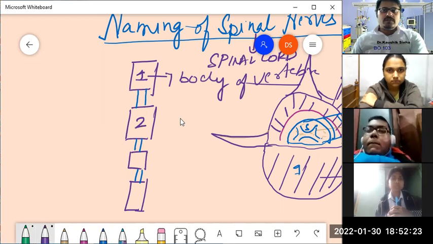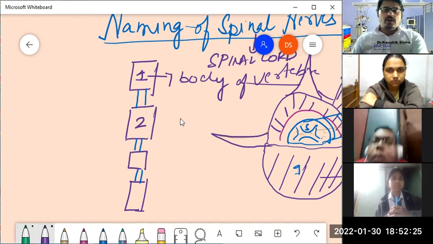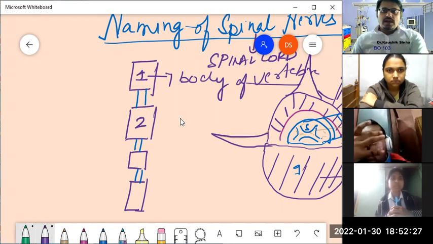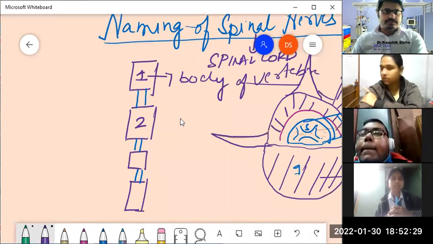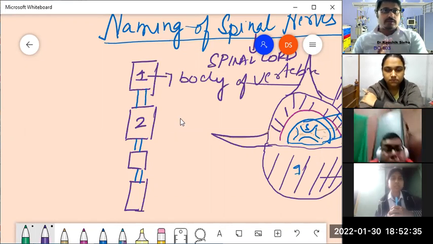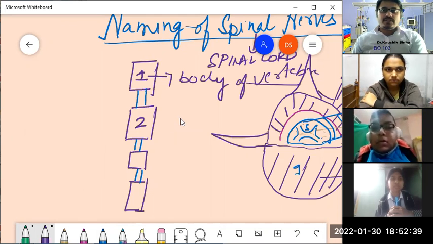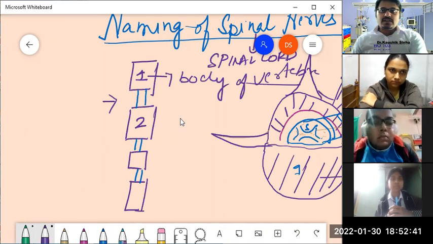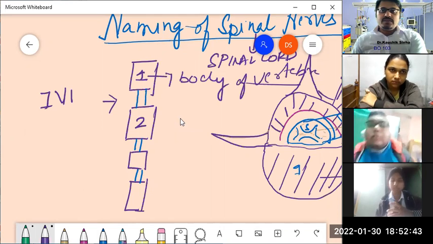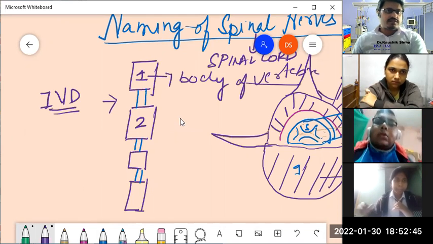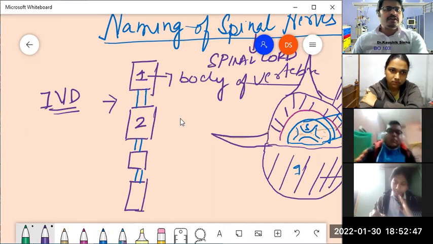Between these two consecutive vertebrae, there is a gap. Normally, this gap cannot be seen because between these two vertebrae from the front, there are discs of connective tissue. We call that IVD, intervertebral discs. I think you have heard the name of a disease called slipped disc.